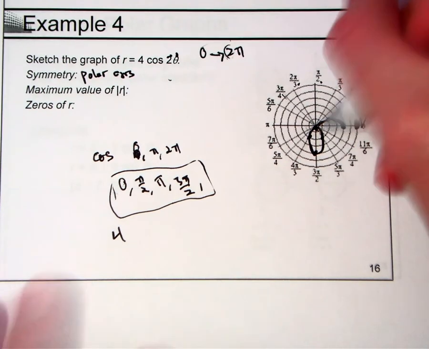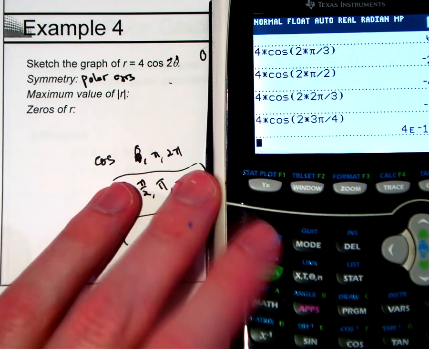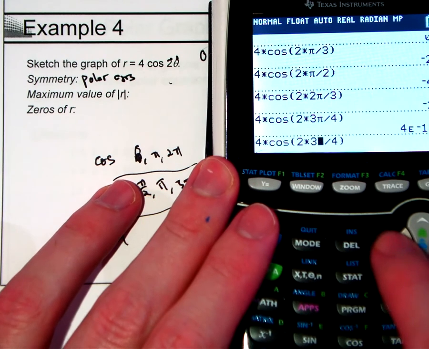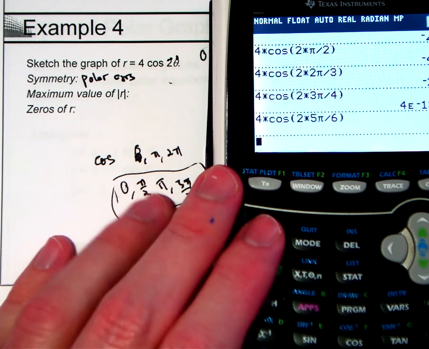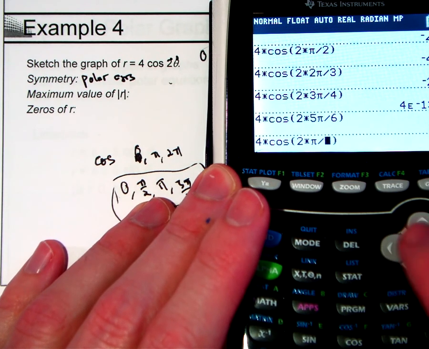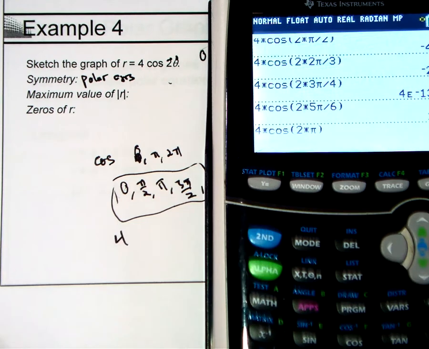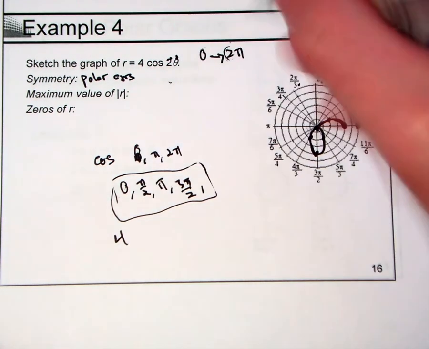So I've come here, I've done this little loop, back into 0. Okay, we're coming out this way. 5 pi over 6, I'm going to guess is going to be either a 2 or a negative 2. 2, and then if we do pi, we're back to a 4.